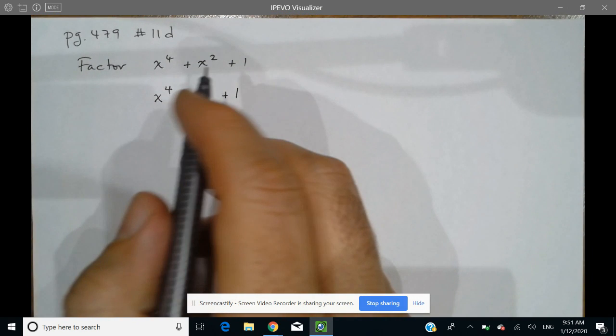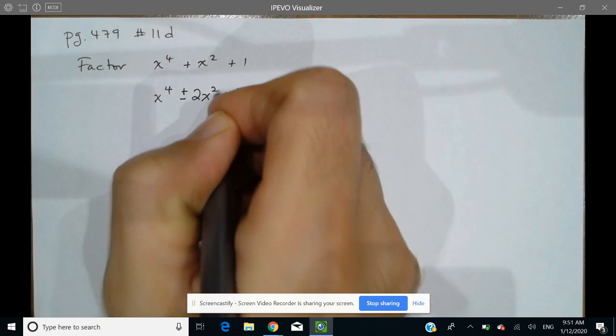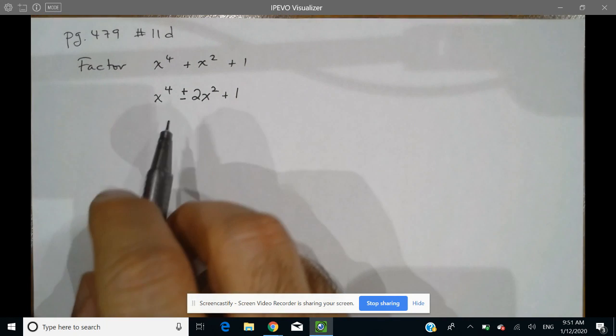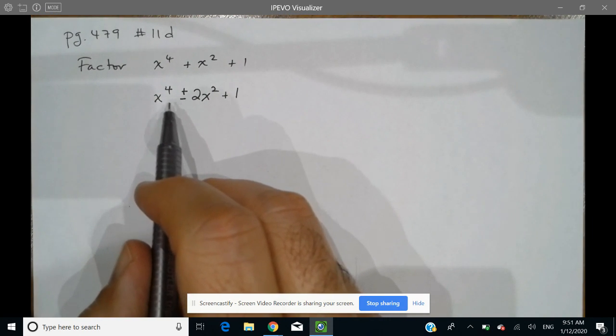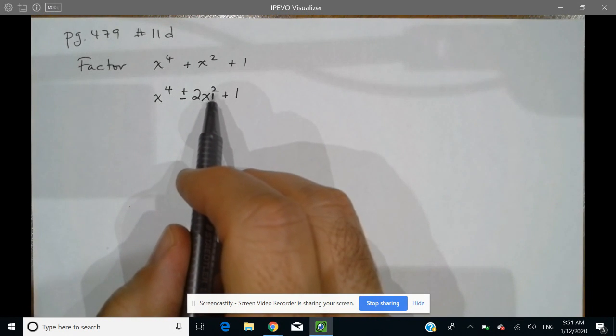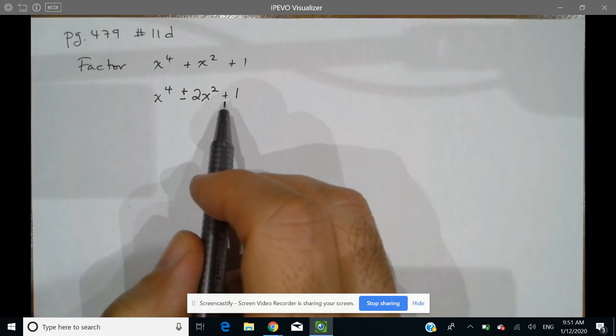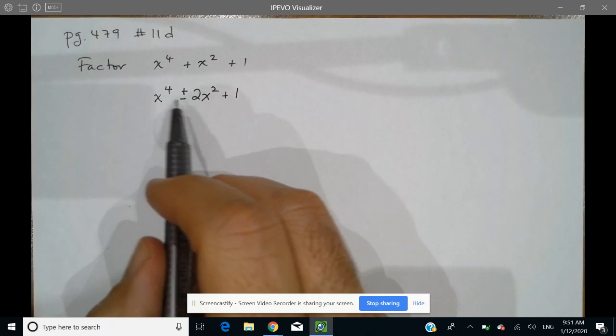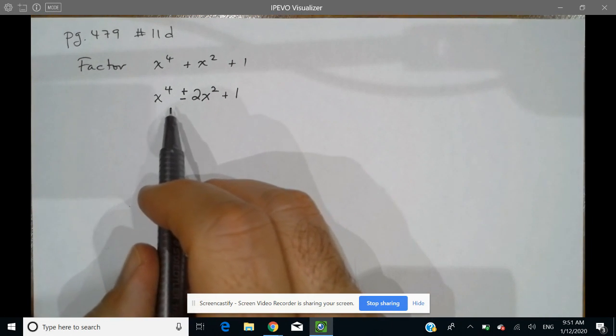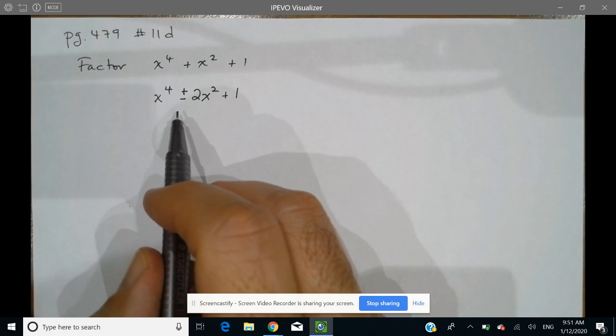Imagine if I had either plus or minus 2x squared. Not only could I factor it, but it would be a perfect square, because x to the fourth plus 2x squared plus 1 factors to x squared plus 1 times x squared plus 1. And if it was a subtraction, it would factor to x squared minus 1 times x squared minus 1.